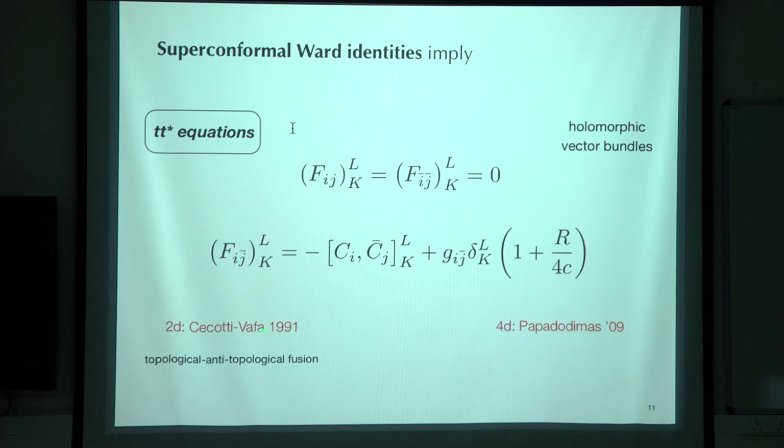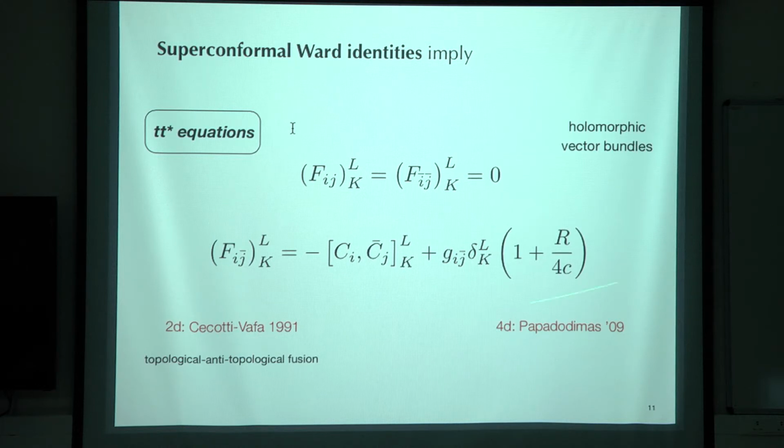In particular, what Cecotti and Vafa did in 91 is to use topological anti-topological fusion to determine the components of the curvature. And the resulting equations are called the tt* equations. So precisely this problem was revisited in 2009 by Niarchos, who rederived exactly the same equations using superconformal Ward identities in conformal perturbation theory.